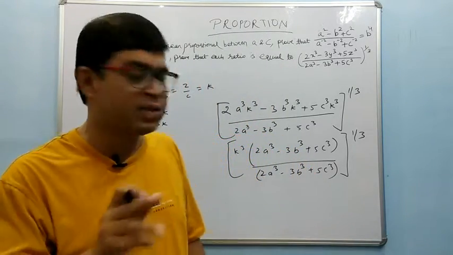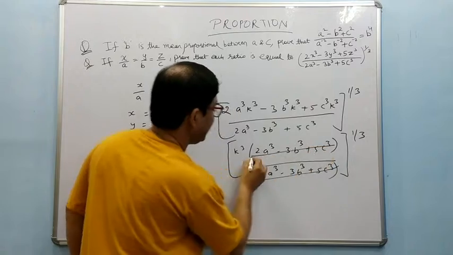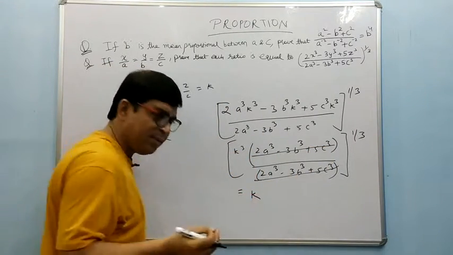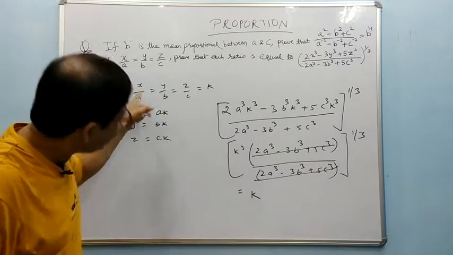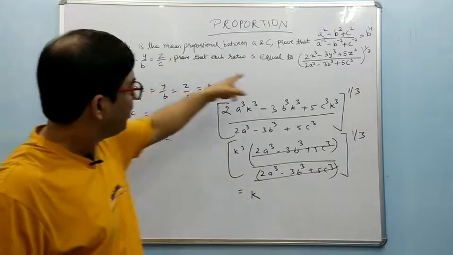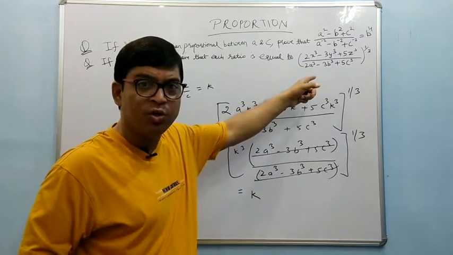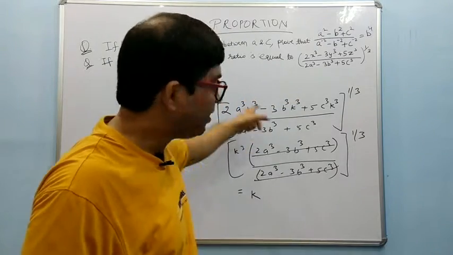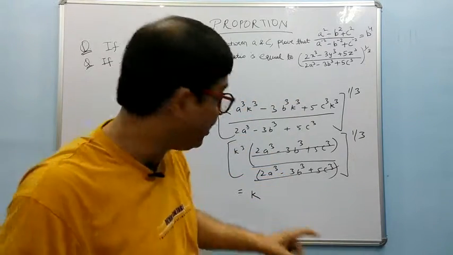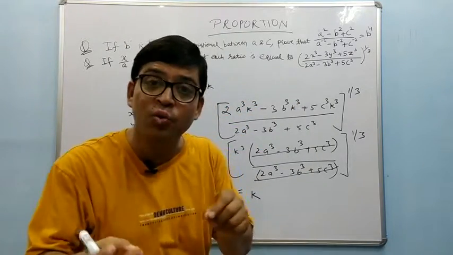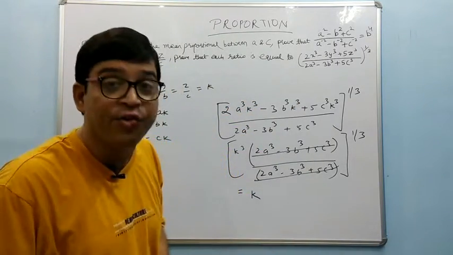No harm in putting the brackets. So this is getting cancelled. k cube to the power 1 by 3 is k. What is the meaning of k? k means each ratio was equal to k. So the thing which we need to prove equal to each ratio, we simplified it and we got that the complex thing is equal to each single ratio.